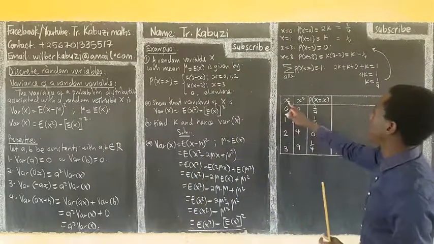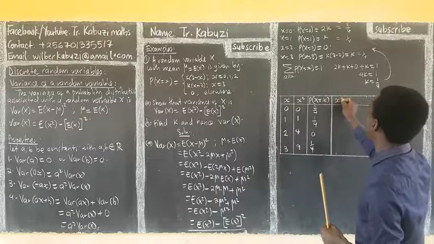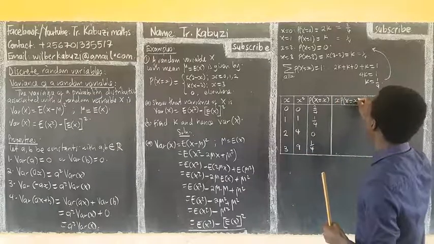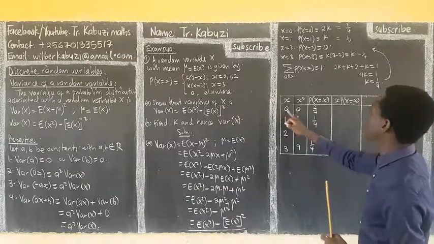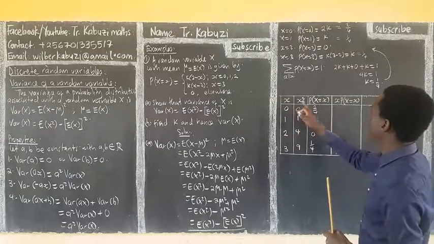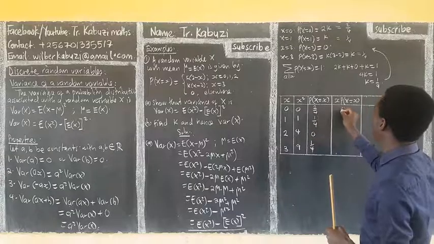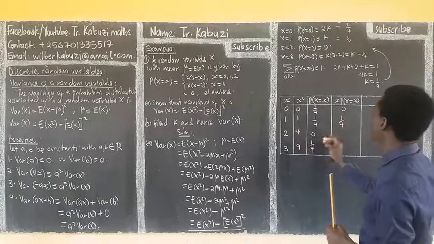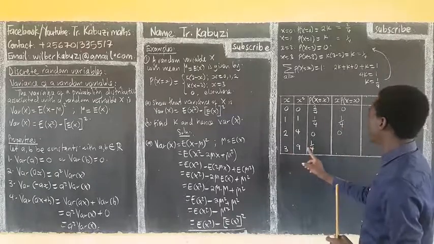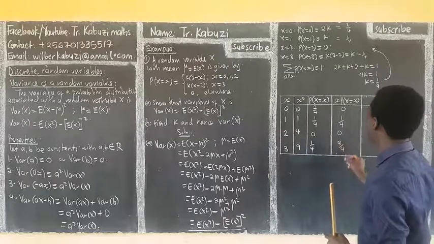Now we start with x times the probability of x. This times this will be 0. This times this, I get a quarter. This times this, I get 0. Then this times this, I get 3 over 4.